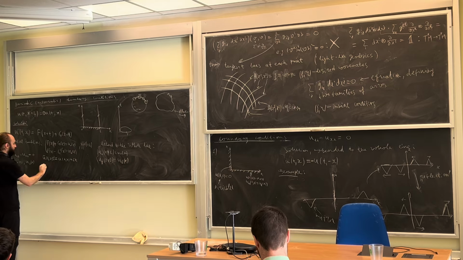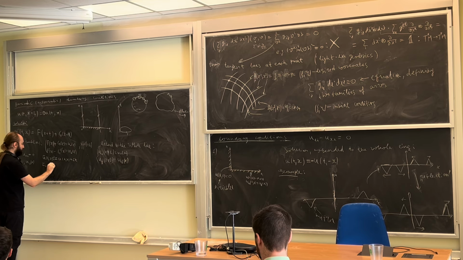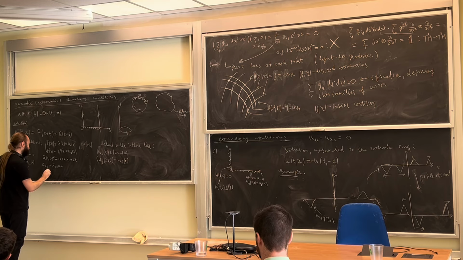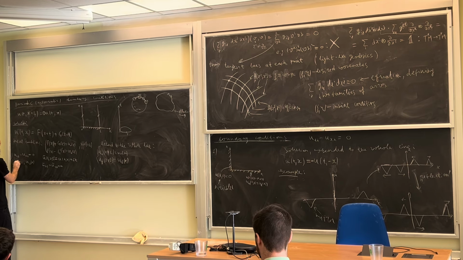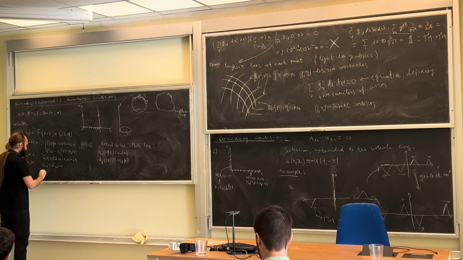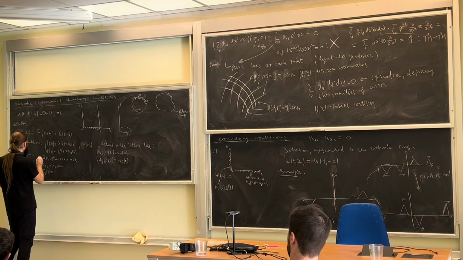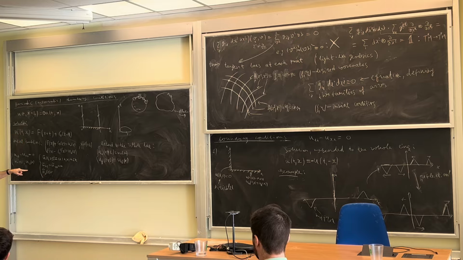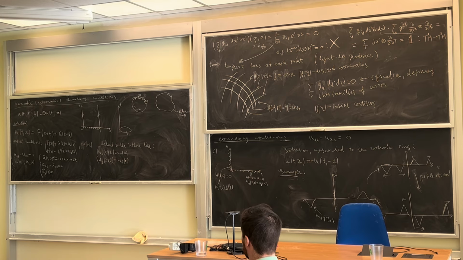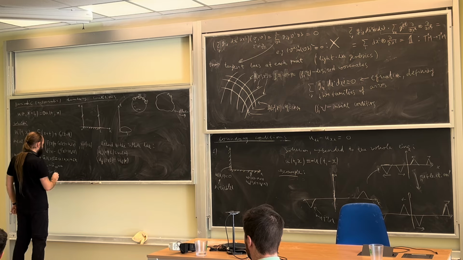Then again, u tilde_tt minus u tilde_xx equals 0. So what happens with this initial condition? What happens with the initial value? Yes, and with the next one.